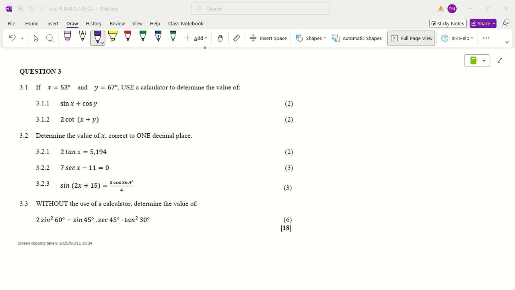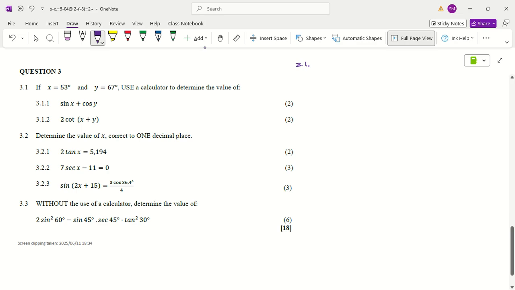Okay, so now we are in question 3, and let's just go straight to 3.1. 3.1 says that if x is 53 and y is 67, use a calculator to determine the value of.